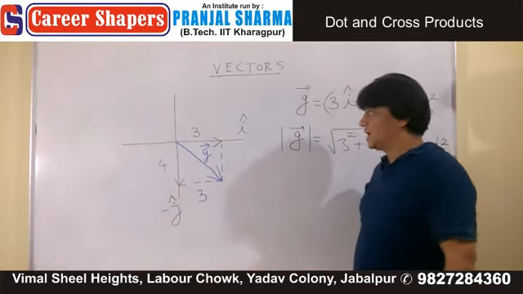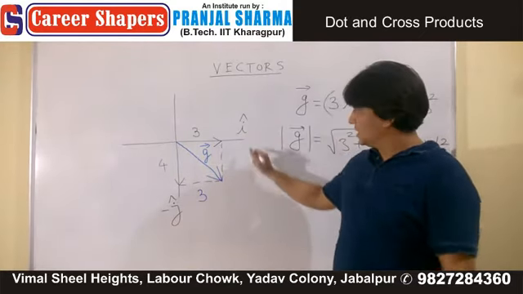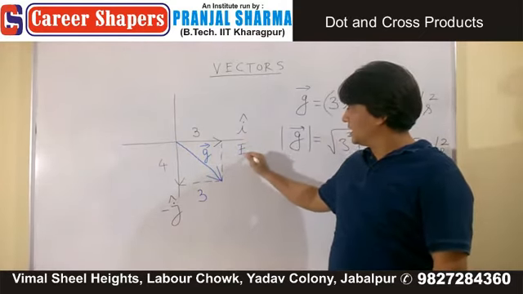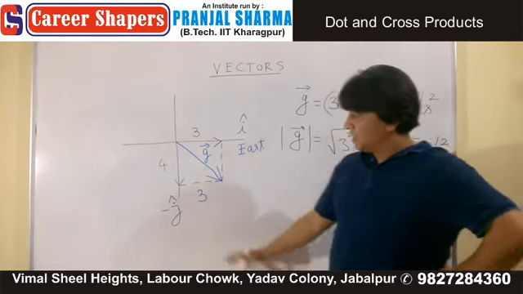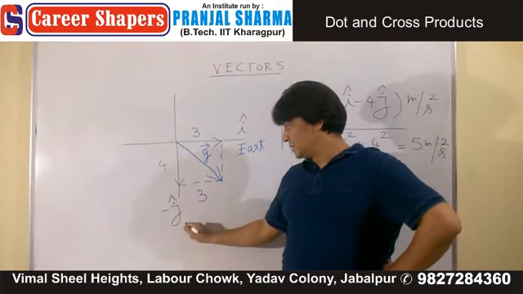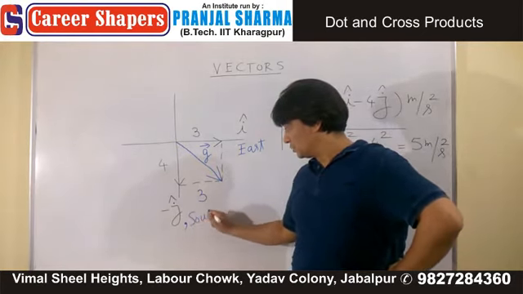Then comes the direction part. This I cap is also called east. This minus j cap is also called south.